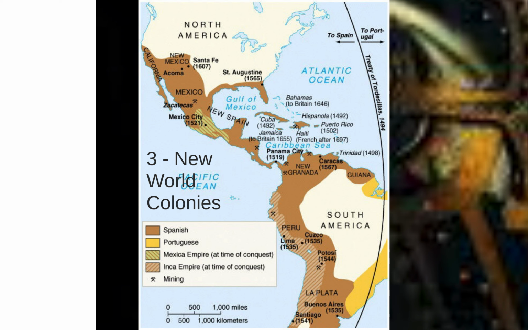It started with Columbus, who came over and made a claim in this area. And then it grew from there as other explorers came and claimed different parts. And pretty soon it was this entire area. And the Spanish made a lot of money exporting gold and silver out of this territory back to Spain to add to their treasuries. So that's where their wealth came from, in a sense.